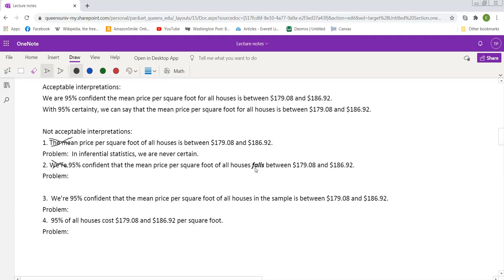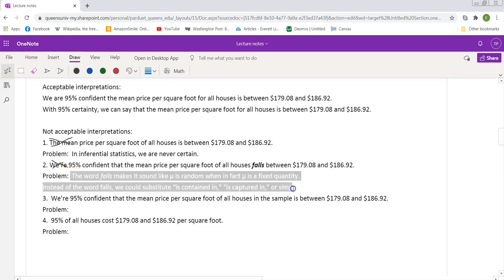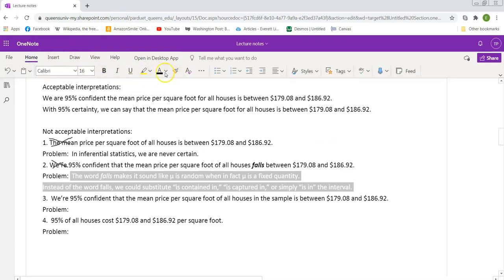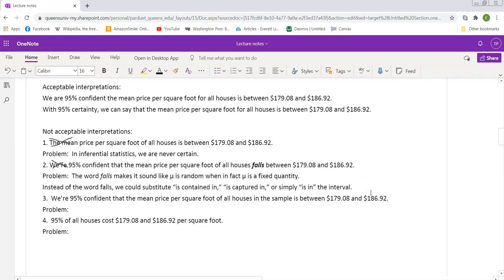Well, that's not what's going on with confidence intervals at all. With confidence intervals, the population mean is fixed, so we don't want to make it sound like it's moving around. So instead of falls, you could say is in the interval, is contained within, is captured within, is included within, but there's not a lot of option beyond that. But just avoid the word falls.